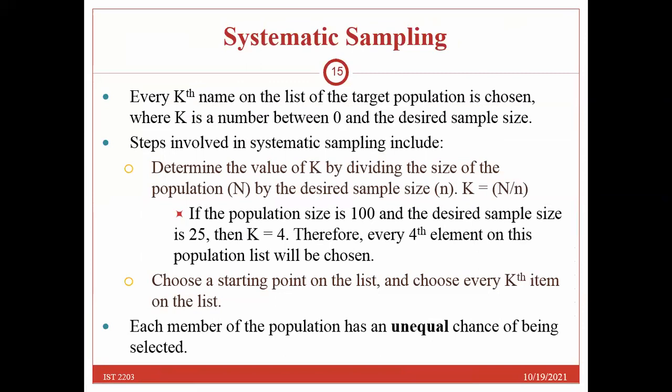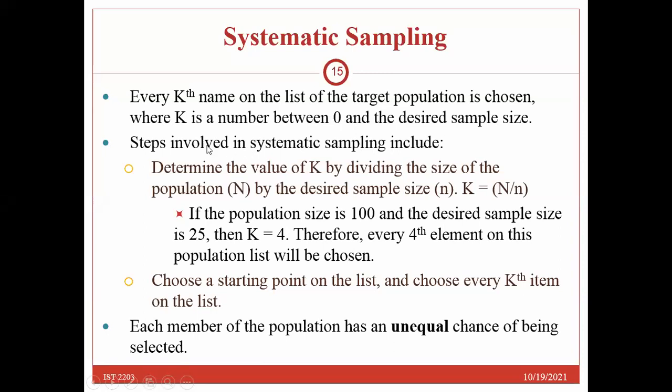So next we have systematic sampling. Here you are selecting every nth or kth number. Every kth name on the list for the target population is chosen, where k is a number between 0 and the desired sample.